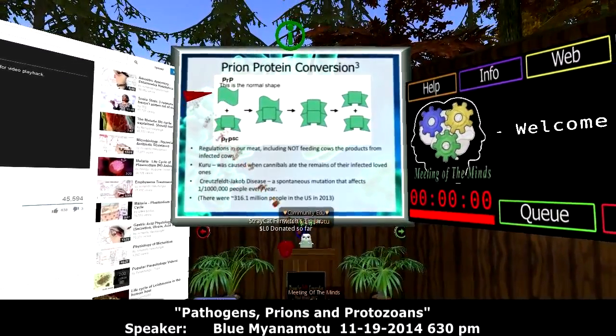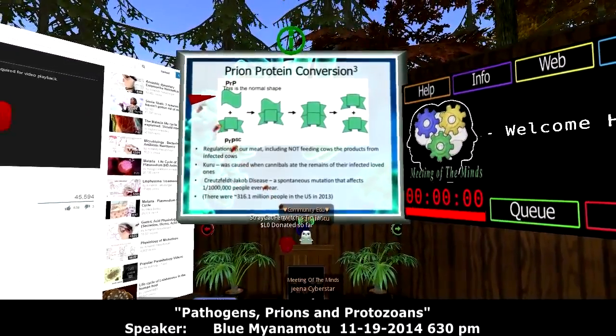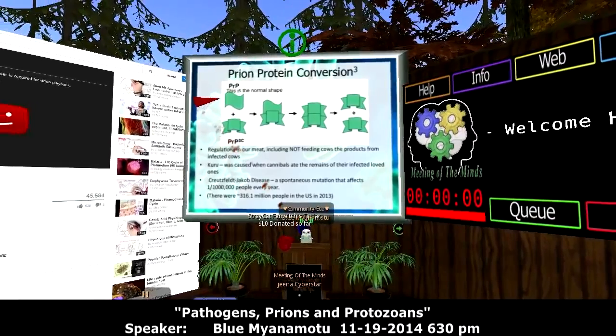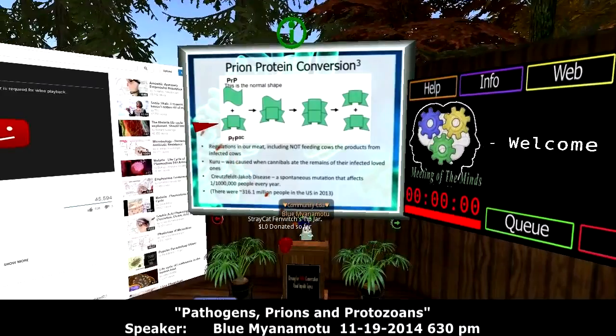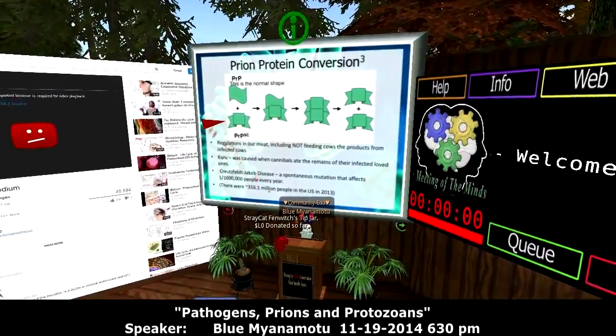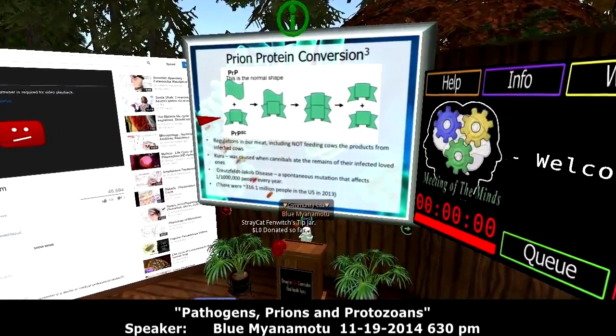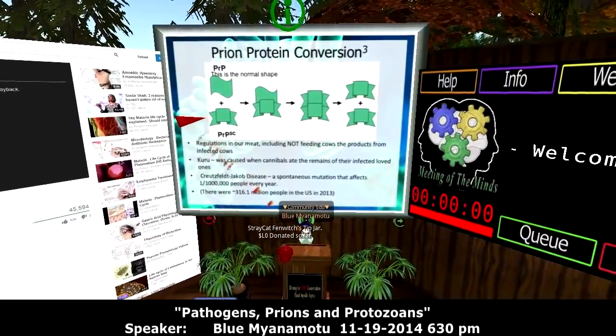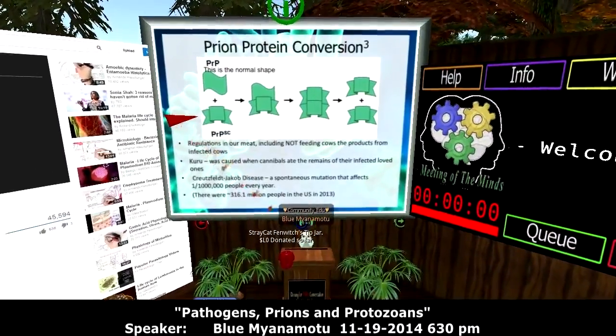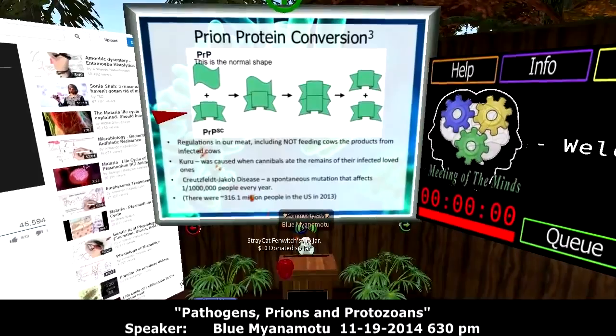This swooshy thing. Now, what ends up happening is, for some reason, say you ate contaminated meat, you've ingested a different kind of prion protein. It's made of the same thing. It's like a paperclip, except its conformation looks really different, as you can tell.